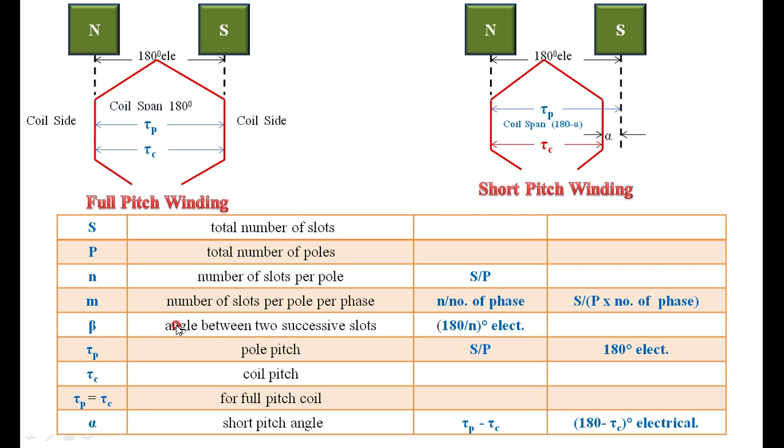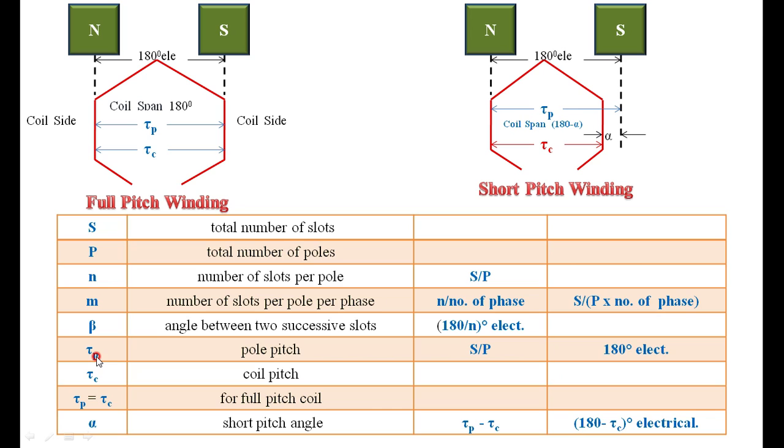We know that the number of slots per pole corresponds to 180 degrees. So the angle beta is 180 divided by the number of slots per pole, because for n slots per pole we have 180 degrees. For one slot, the angle is 180 divided by n. This is how we find the angle between adjacent slots.